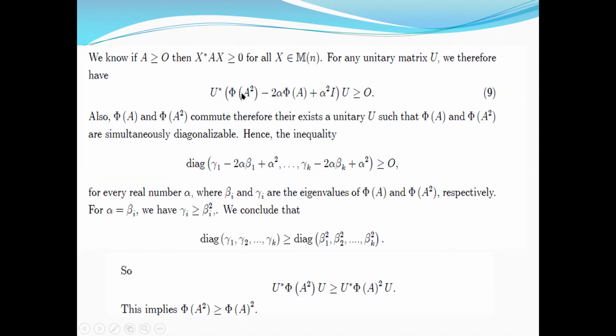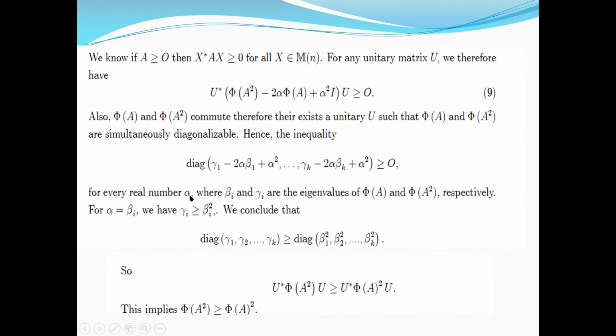So there is a single unitary matrix U which takes both of these matrices to diagonal matrices. Writing this in diagonal form, we have gamma_1, which is an eigenvalue of phi(A^2), minus 2 alpha beta_1, where beta_1 is an eigenvalue of phi(A), plus alpha^2. Similarly for the other entries. This is positive semi-definite, and this is true for all real numbers alpha.